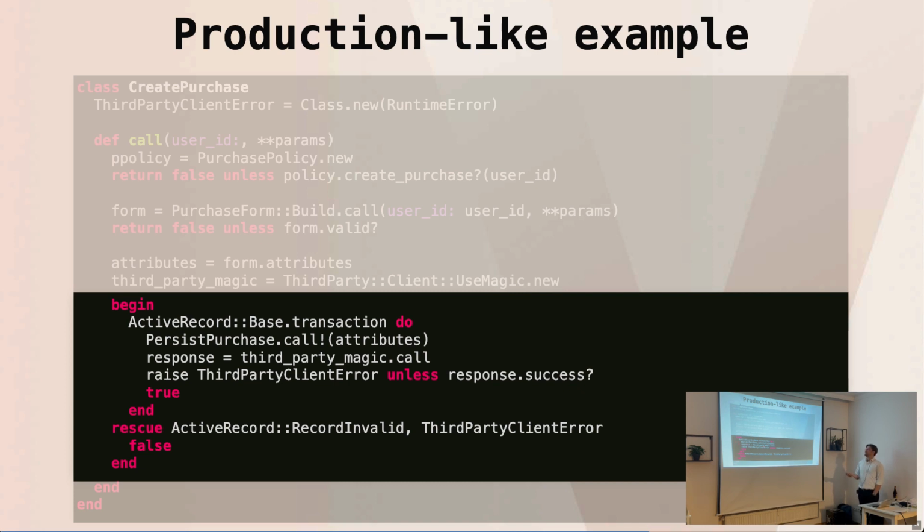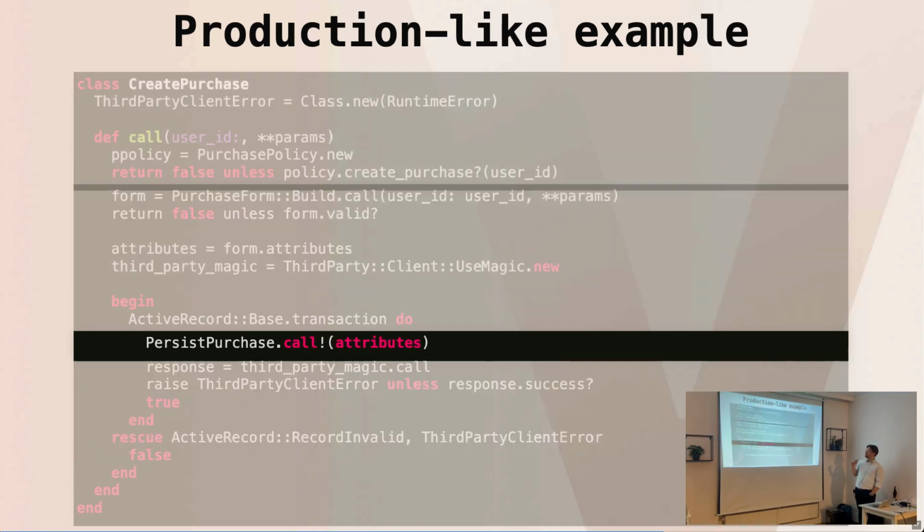And we called our third-party service, and then checked whether it was successful. If not, we raise the error which we just defined. In general, the idea is that after we create and save our record or our model in the database, if something goes wrong with the external service, we should roll back our changes in the database. This is the idea behind this code.